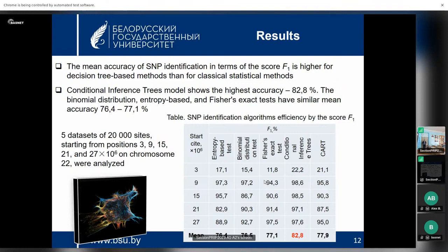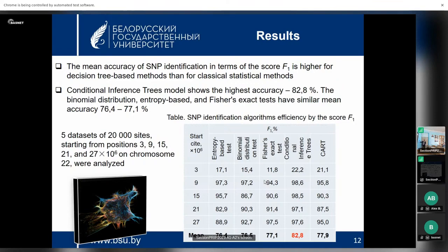What was surprising is that the machine learning algorithms overperformed the traditional algorithms. The best traditional algorithm up to now was the Fisher exact test with 77.1% accuracy in terms of the F1 measure.